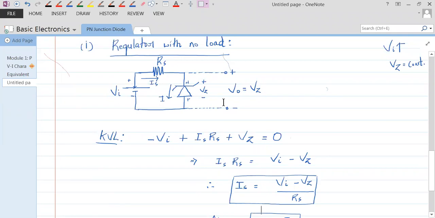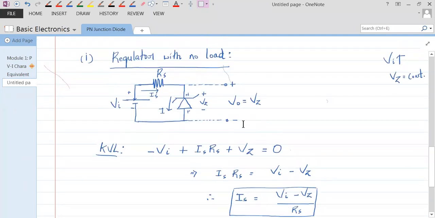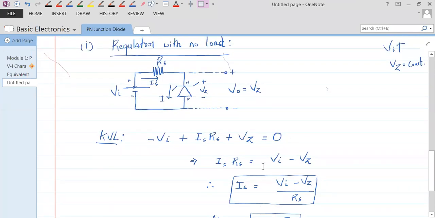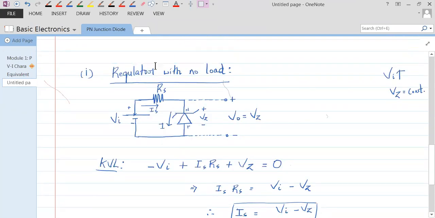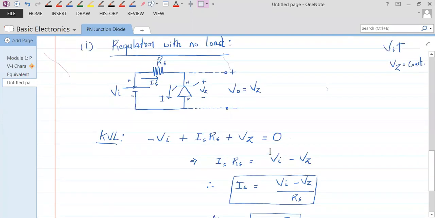Now we shall see the same regulator with the load connected. Everybody take the heading, as we will be solving problems on this, then you'll understand the importance of these two. But as of now I want you to look at just the equations. We will solve problems on this later.